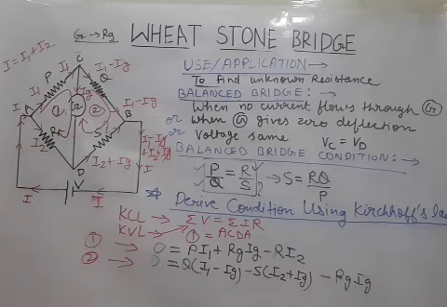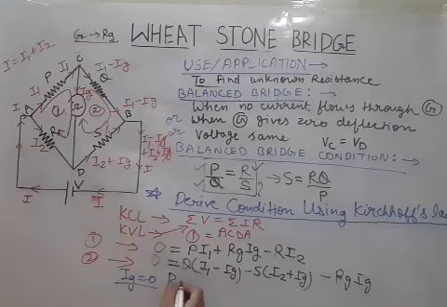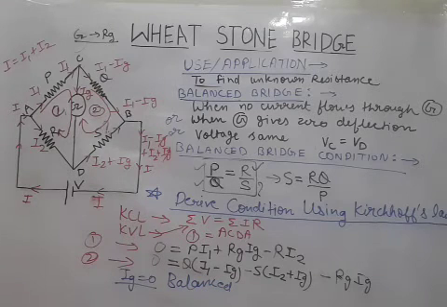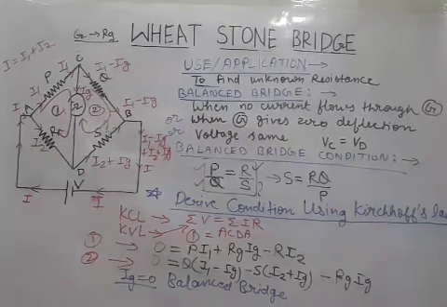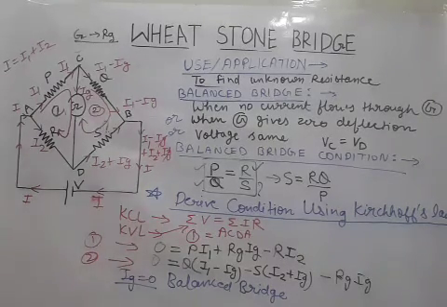So we will apply Ig equal to 0 condition for balanced bridge. So for balanced bridge, we have to put Ig 0 in these equations.